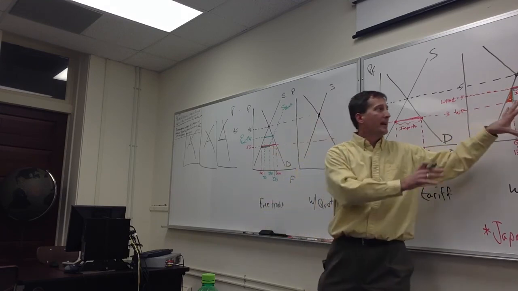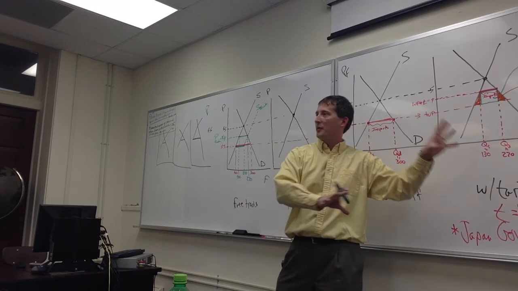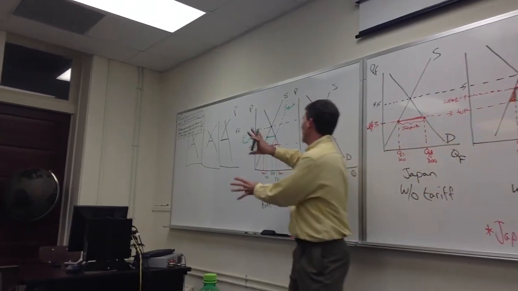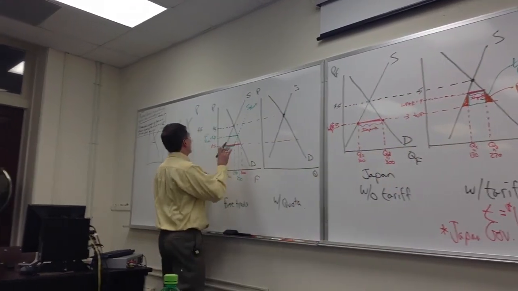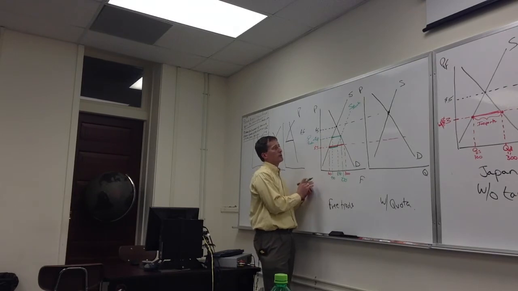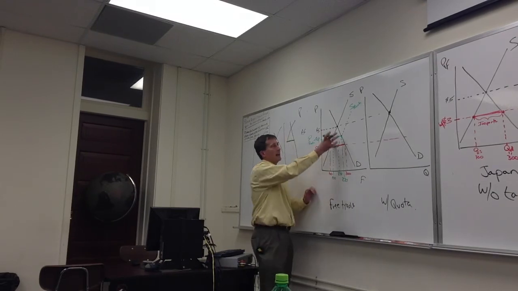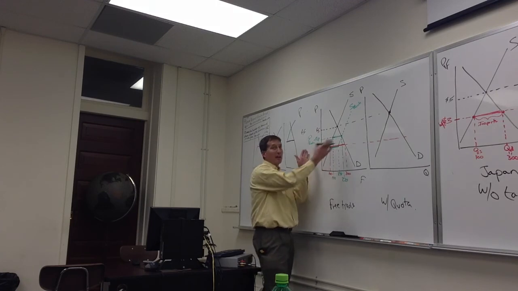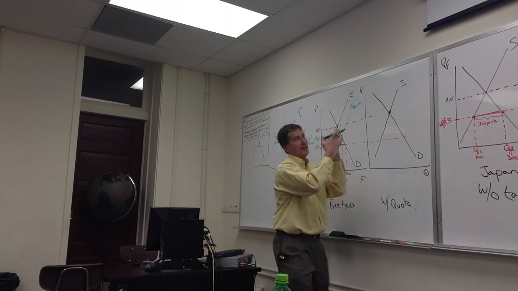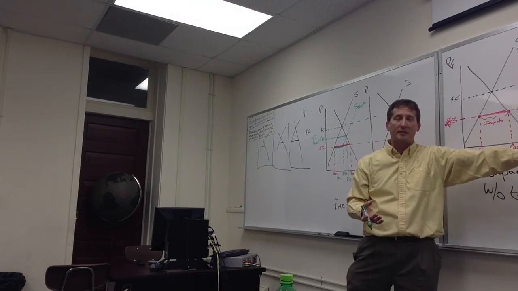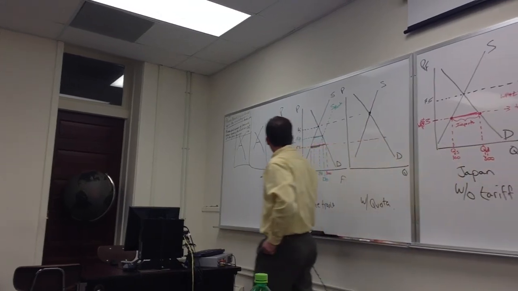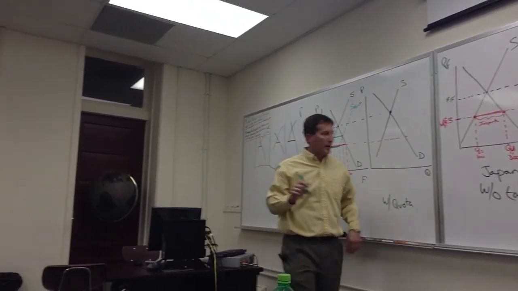So that money kind of gets transferred from, in this scenario, over to the foreign producers. But it's kind of funny money in a way, because they're still not making as much as they would under free trade, but at least it's better than this if that's our alternative. All right, so that's a quota.